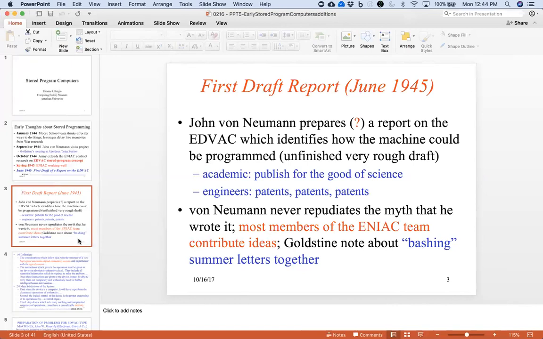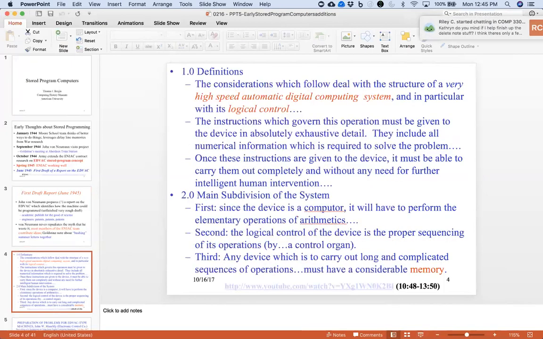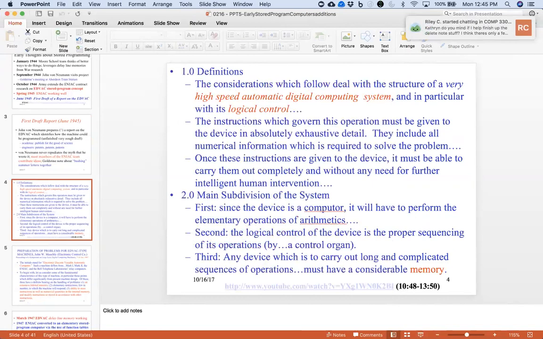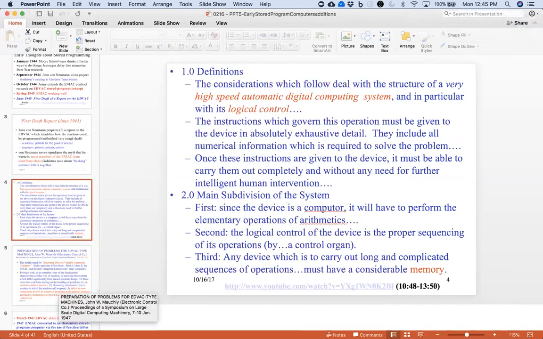And then Goldstein, who had been involved in supporting the work and who was also part of the Manhattan Project, talks about how the ideas of these letters were being bashed together to form this report. Okay, so it came together very rapidly, but actually now is extremely influential.